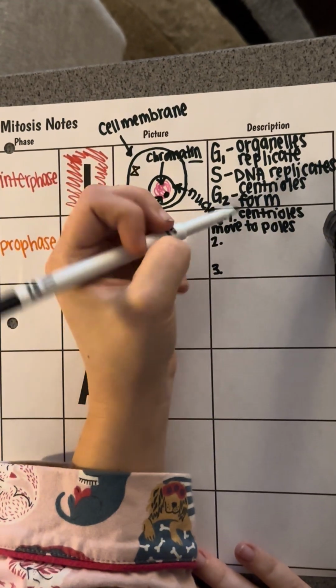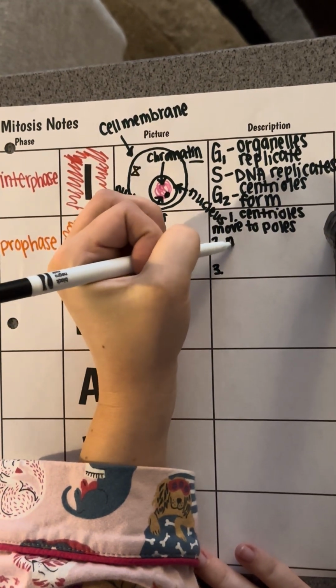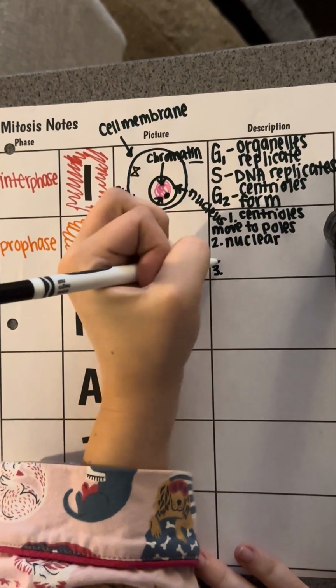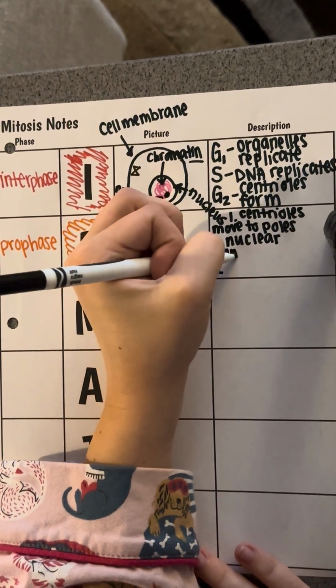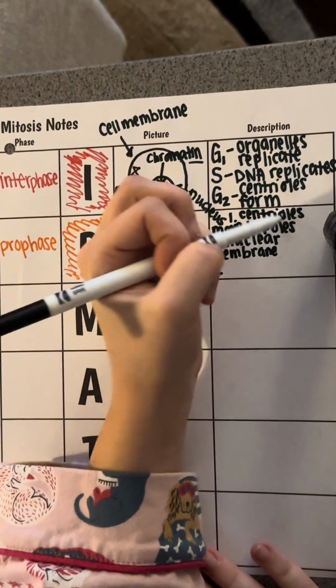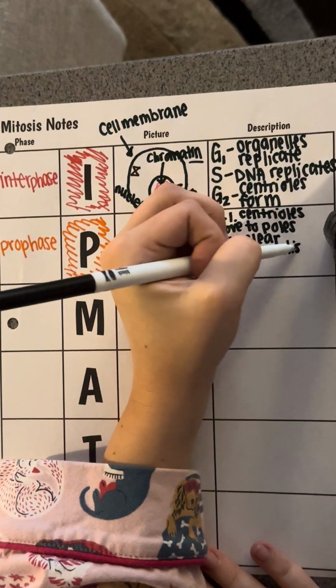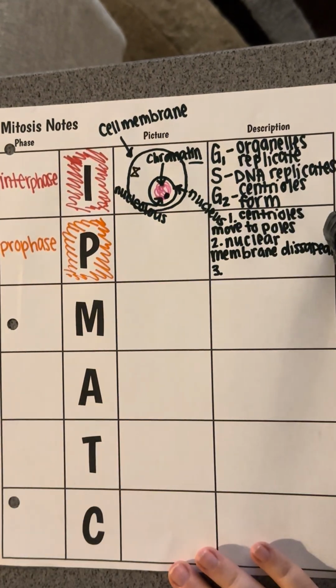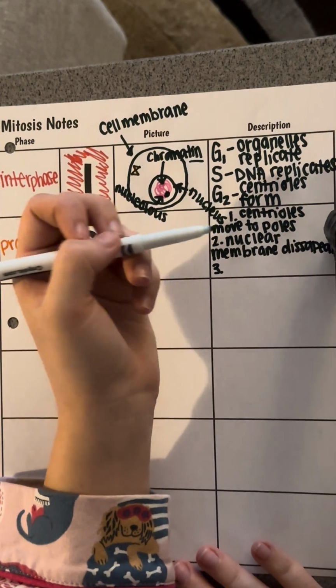Number two, the nuclear envelope disappears. Nuclear, let's call this membrane. Envelope, membrane, same thing. Nuclear membrane disappears.